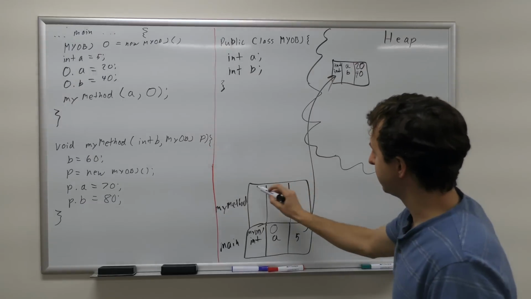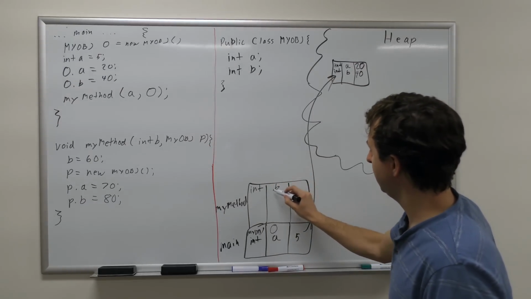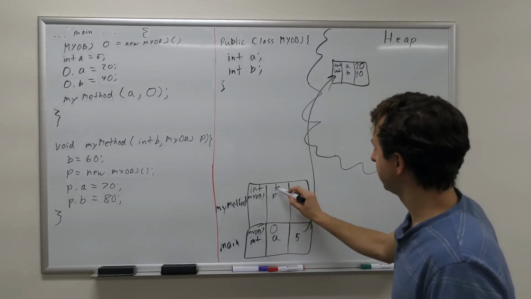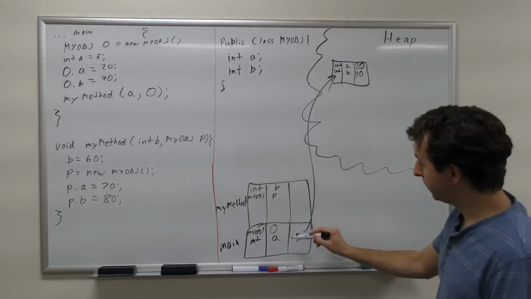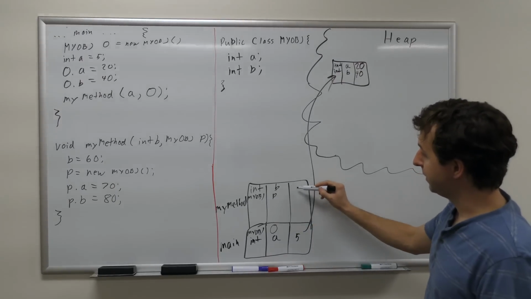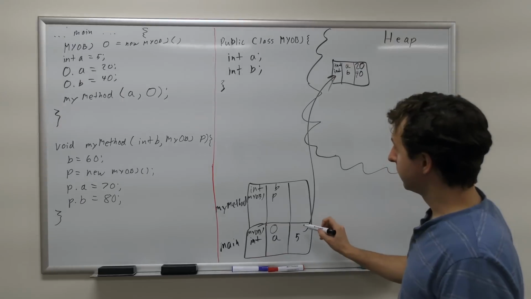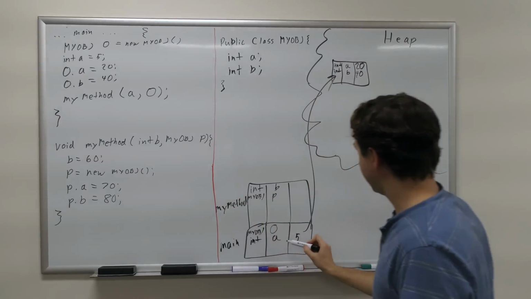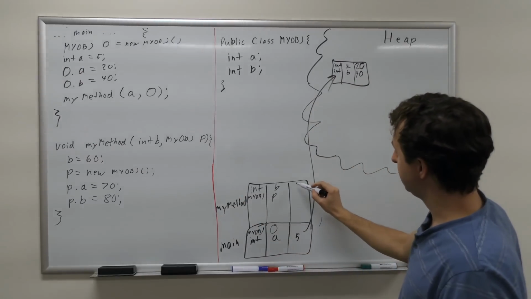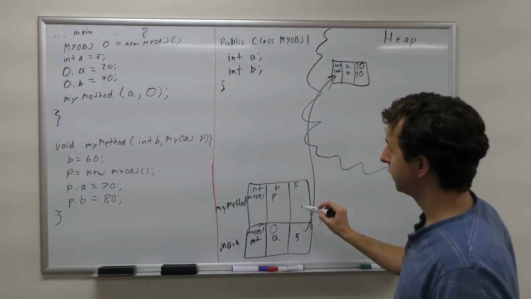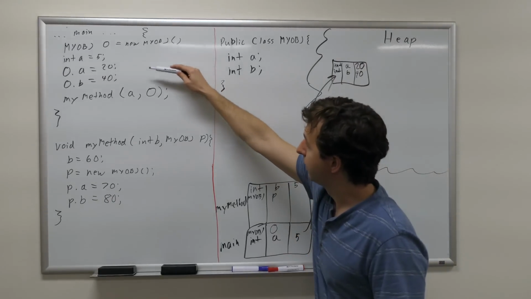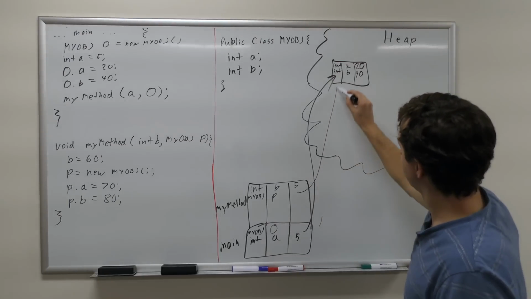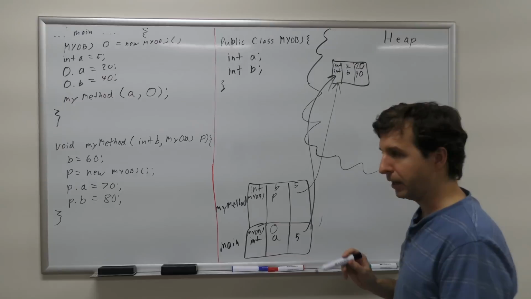MyMethod takes in two parameters, an integer called B and a myObject called P. And remember, the value of these variables is copied into here. So A, or at least the value of A, is copied into B. And O, the value of O, is copied into P. Okay, good so far.